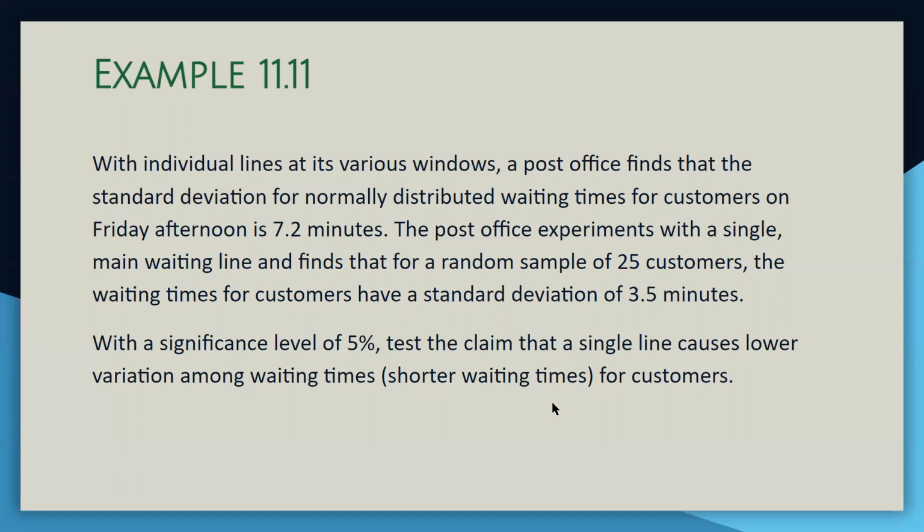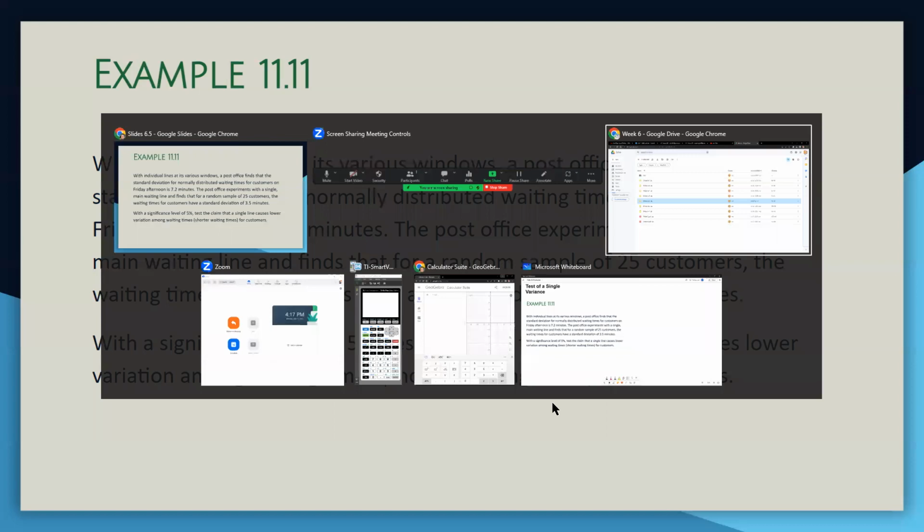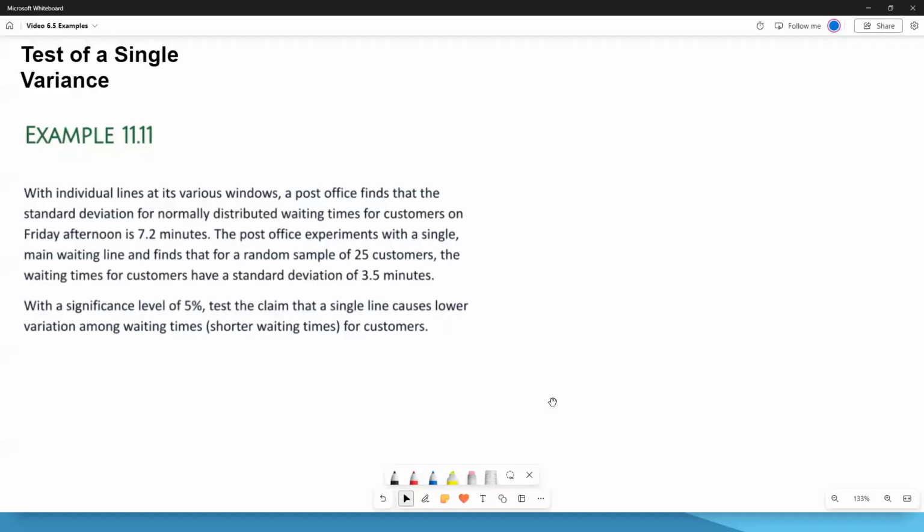So let's switch windows here so we can give ourselves some writing space. Let's go through and pick out everything that's given in the problem and what we're asked to do. First, that question down at the bottom: test the claim that a single line causes lower variation.